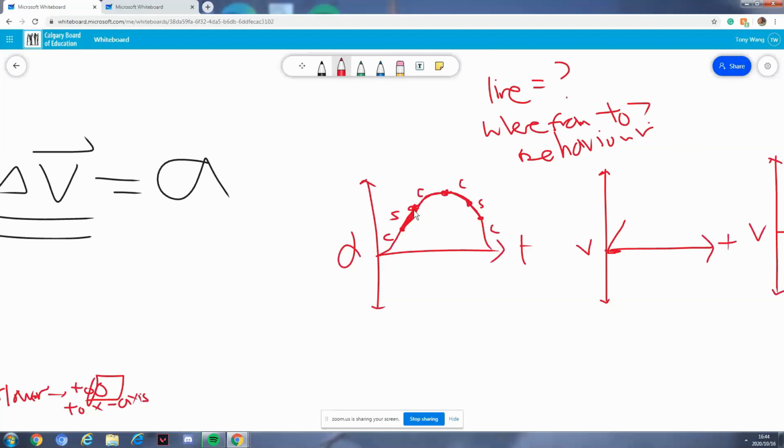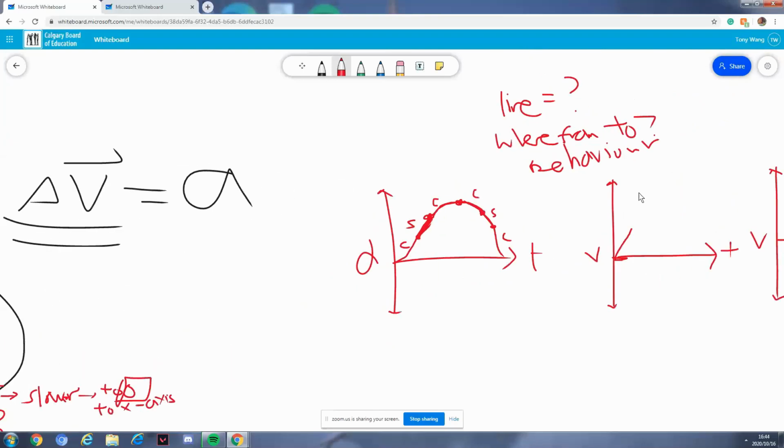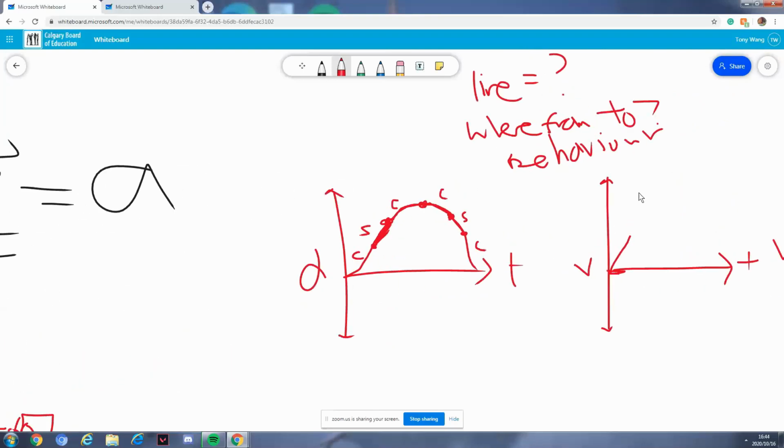A straight line. What would happen? If it's this straight line, it would be like a horizontal line. Yeah. And where would it be? It would start from the point where we left off.